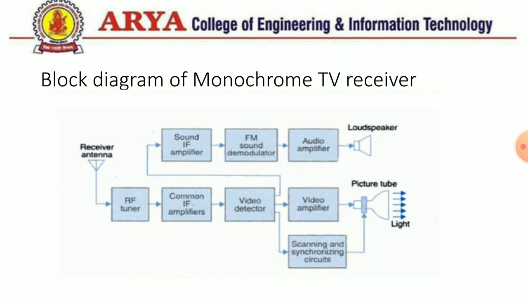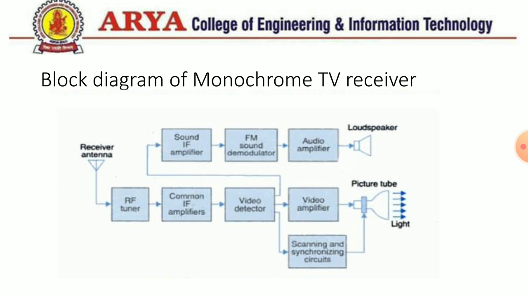The mixer is connected to the local oscillator. The RF audio and video signals are heterodyned into intermediate frequency by the mixer and local oscillator. The RF amplifier, mixer, and local oscillator stages are combinedly called the RF tuner.